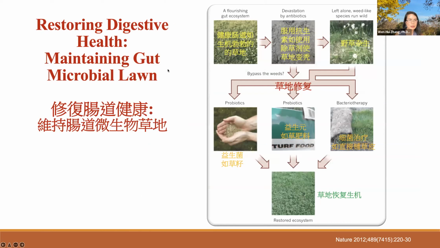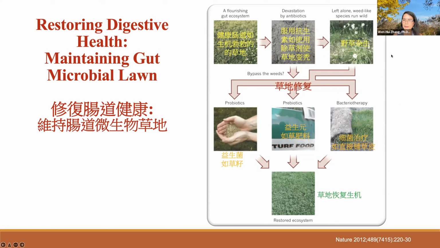And how to restore digestive health. If we look at our gut as a lawn, if it's a healthy lawn, the grass is green and looking very vibrant. But when we overuse antibiotics, it kills all the grass, and it's bare.